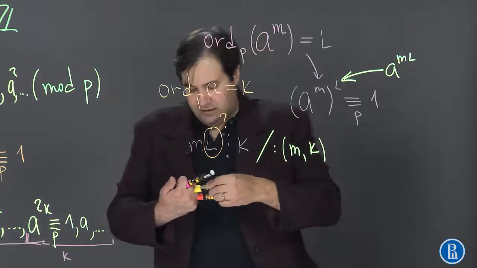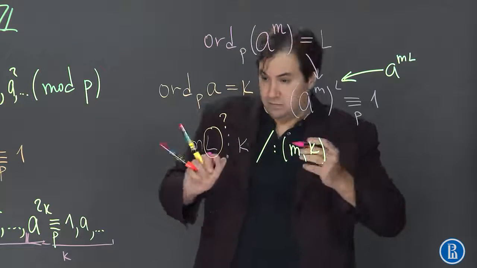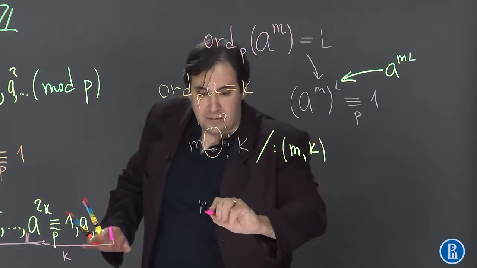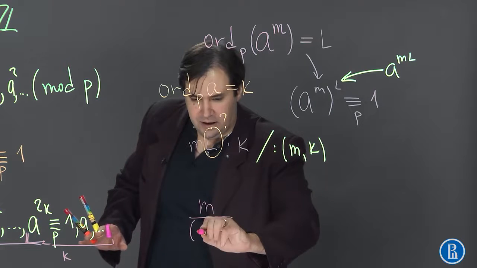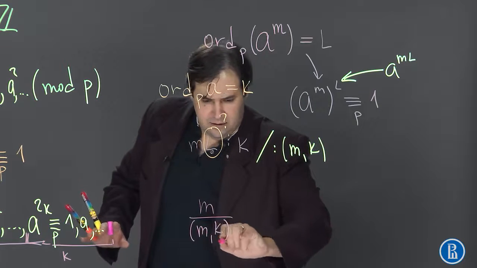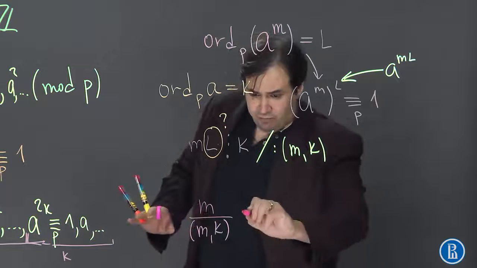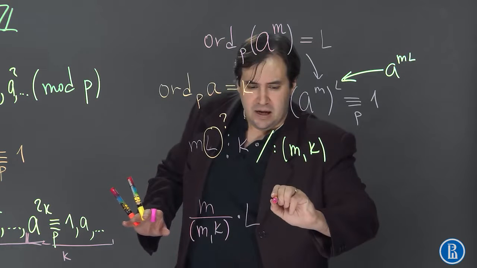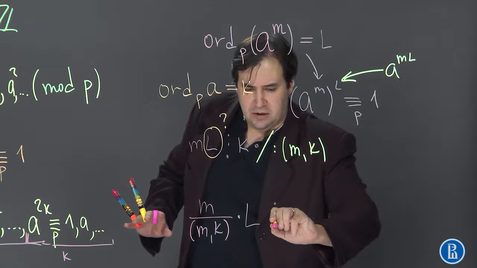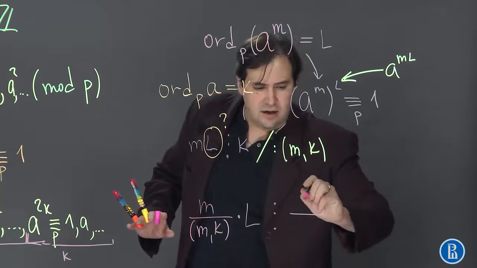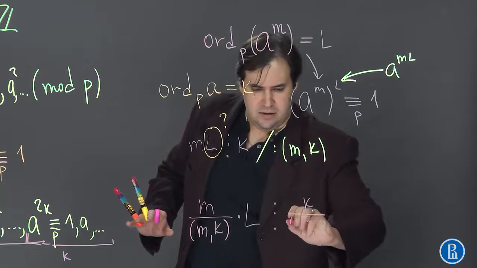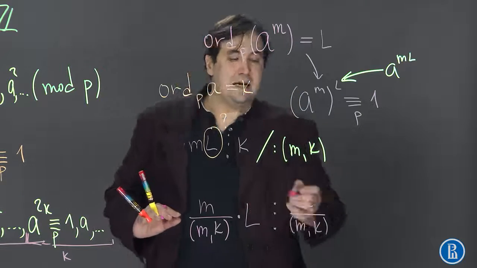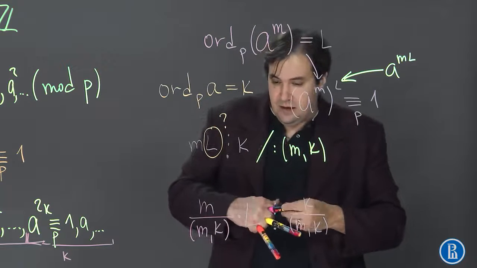This will lead us to another divisibility: m divided by the greatest common divisor of m and k, multiplied by L, should be divisible by k over the same greatest common divisor.